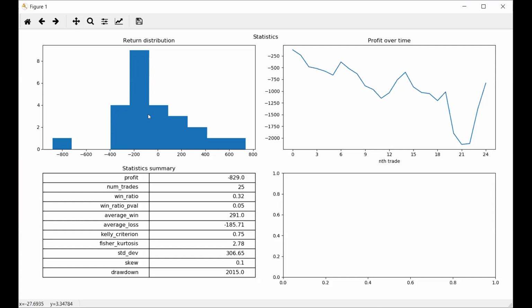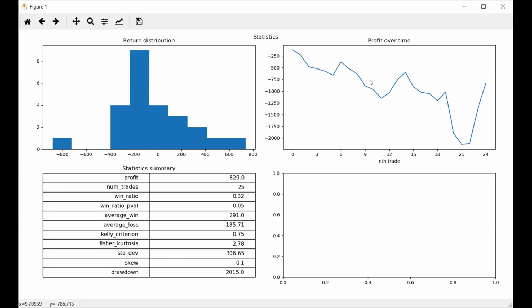This is a histogram, if you're familiar with that term. A histogram plots a metric, here profit, against frequency, how often it occurs. This is a high frequency for losing $200.